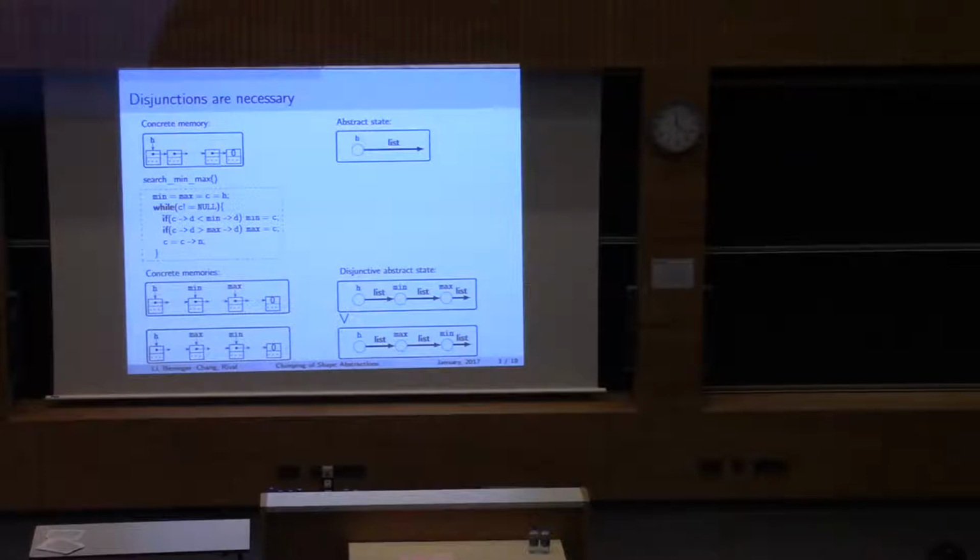The first one abstracts all the concrete memories where the minimum element appears in the list before the maximum element. And the second abstract state abstracts all the concrete lists where the maximum element appears in the list before the minimum element.